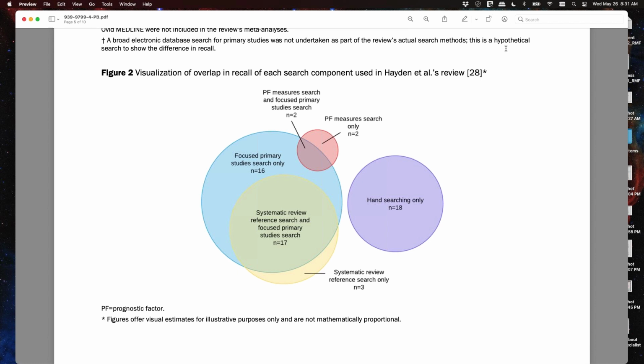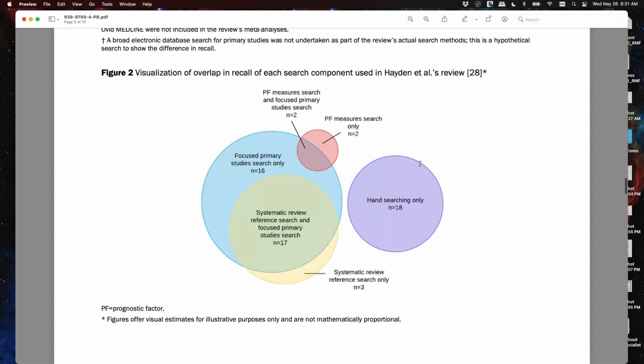I think I'll leave it at that because I'm not sure I totally understand what they did there. But they did some forward citation searching of specific publications that were of relevance to this review.